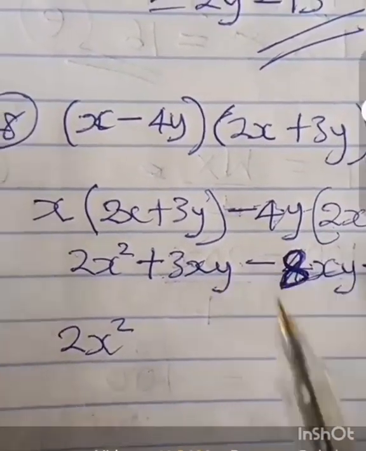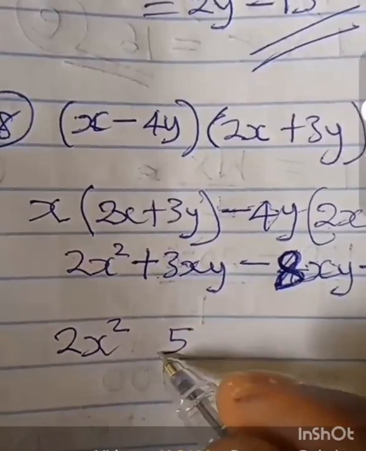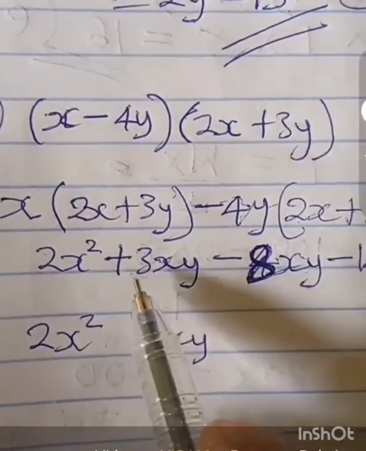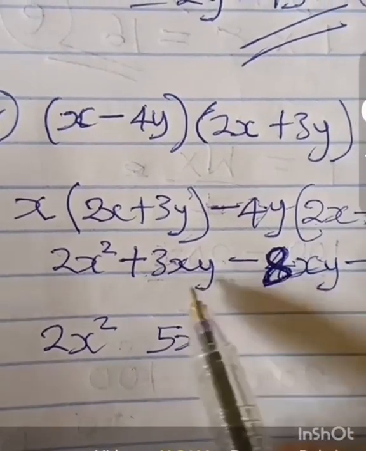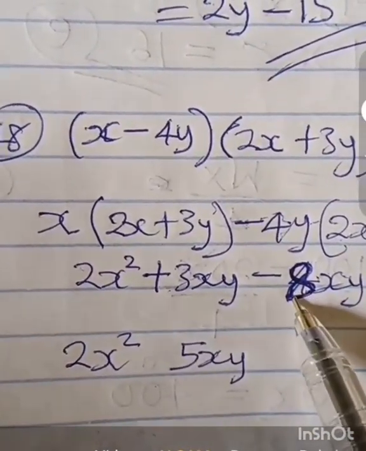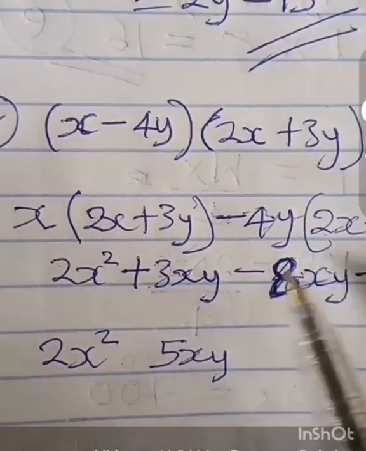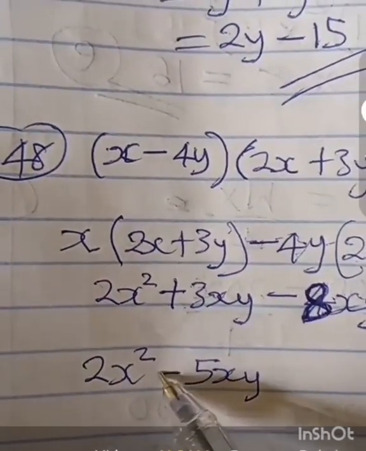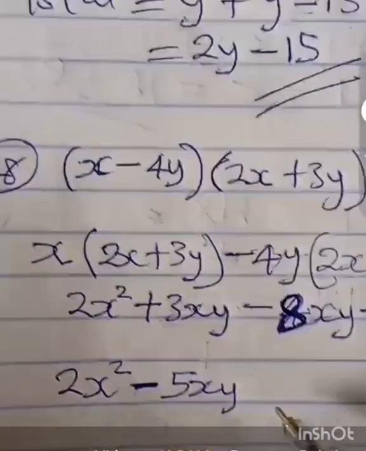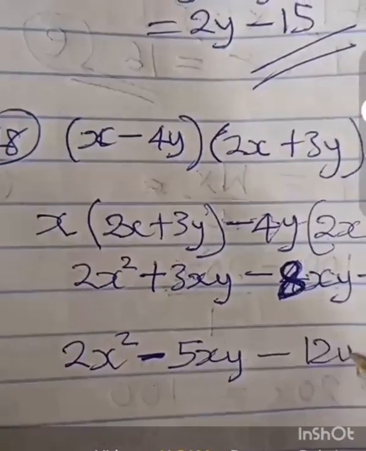So 8 minus 3 will give us 5xy. Check between the two numbers 3 and 8, which one is bigger? 8 is the bigger one, and the sign in front of 8 is minus. So attach minus: minus 5xy, and then minus 12y squared.